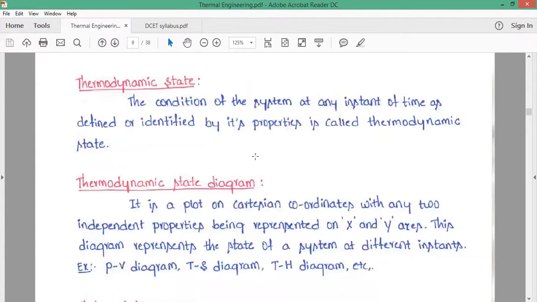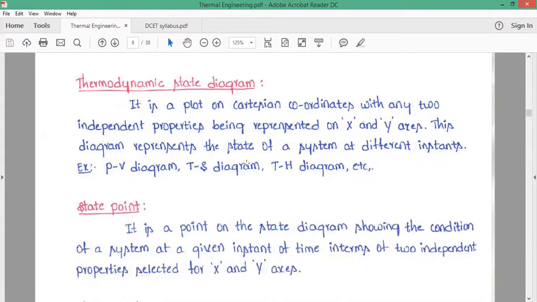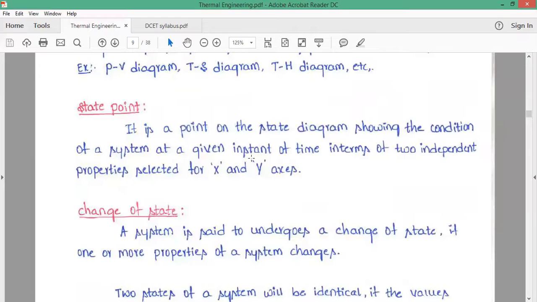Next, thermodynamic state. The condition of the system defined by its thermodynamic coordinates is called the thermodynamic state, right? Then the thermodynamic state diagram is a two-dimensional XY plot where we interpret the interrelationship between the dependent variable and independent variable, like in a PV diagram, TS diagram, TH diagram, etc. Then the state point is a point on the state diagram.